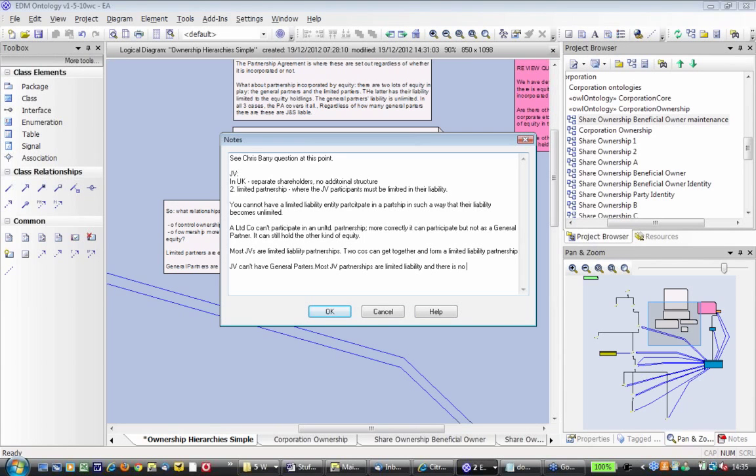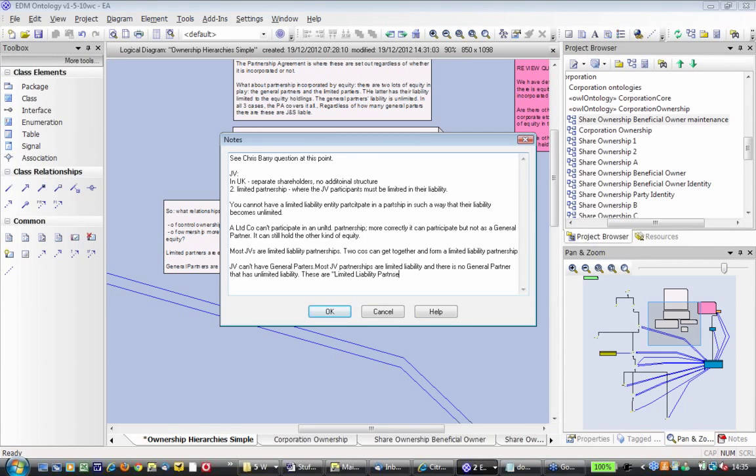And they used to be investment firms, but no longer. So most joint venture partnerships are limited liability, and there is no general partner that has unlimited liability.